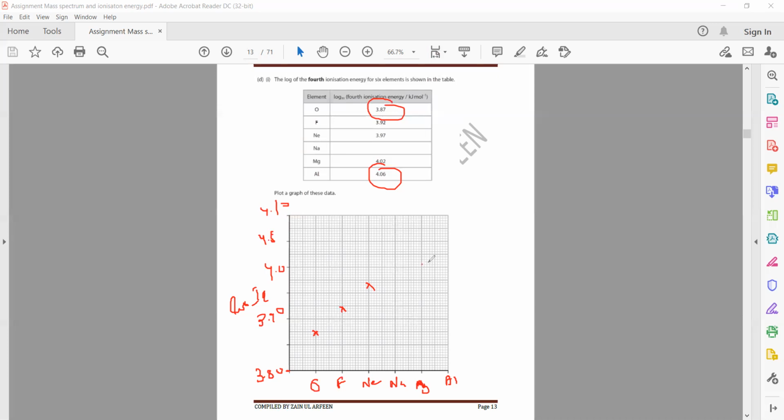Between them we'll have aluminium and magnesium, with closer values. Then how can we reduce?